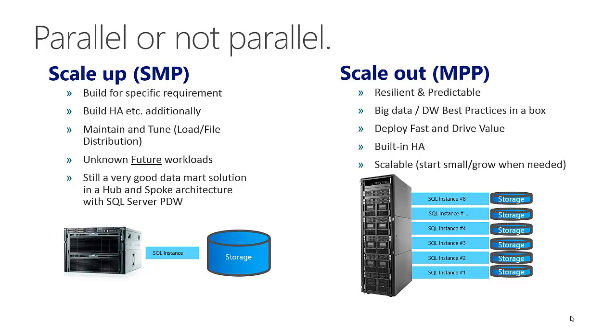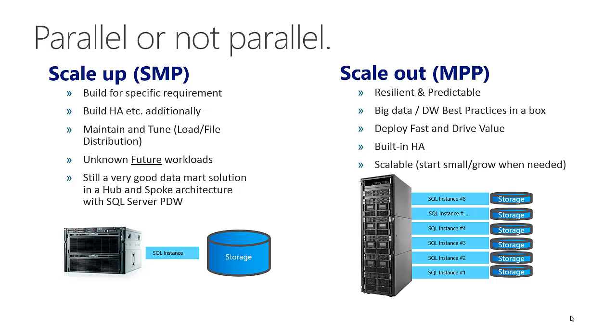appliance, PDW. So you can start with a quarter rack with a couple of servers and disks, a certain amount of disk storage, and when you grow, when you get new data, you can scale by buying new hardware inside the rack, so you get half rack and then 3/4 rack and then full rack.